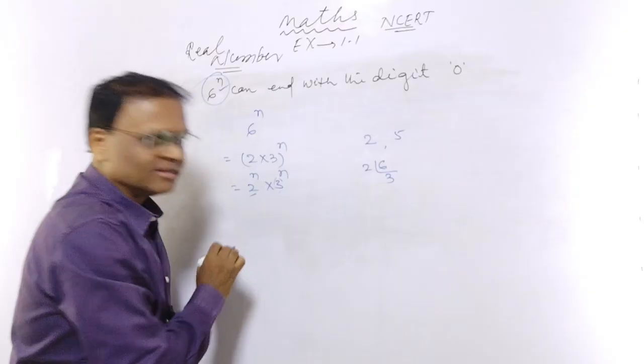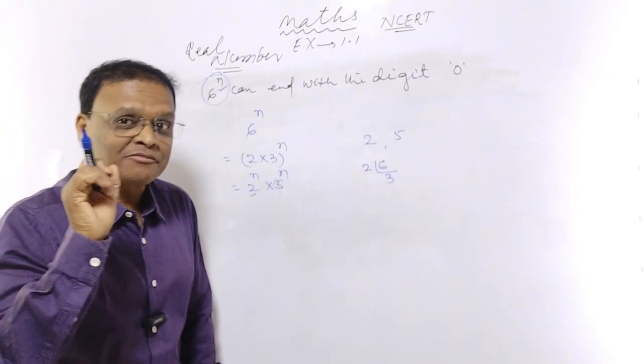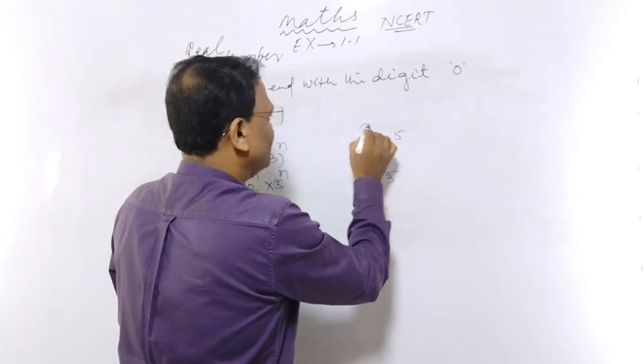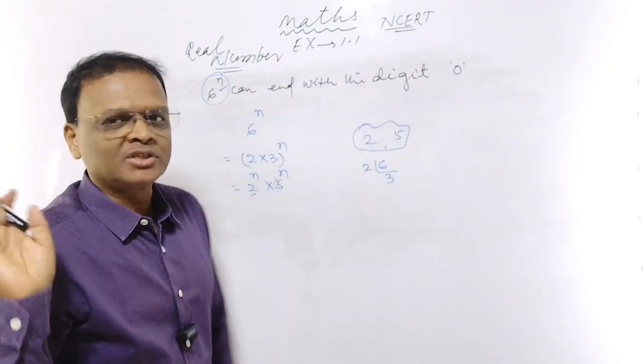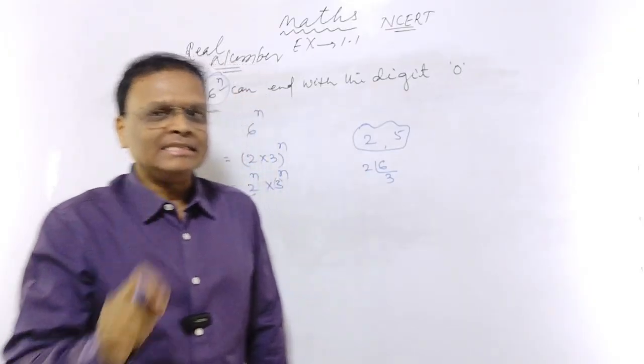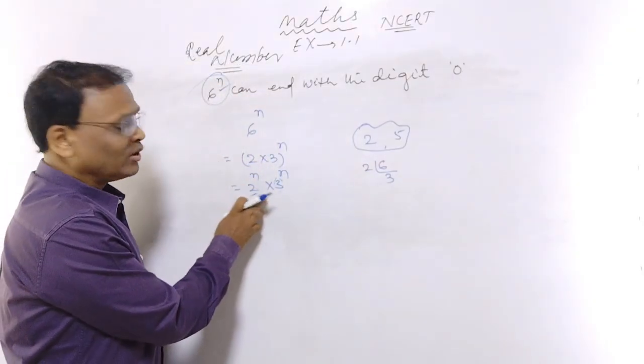This is not required, this is not my requirement. My requirement is 5, not 3. These two, 2 and 5, must be there. Then only the digit will definitely end with 0. But here, in fact, I am not getting 5.